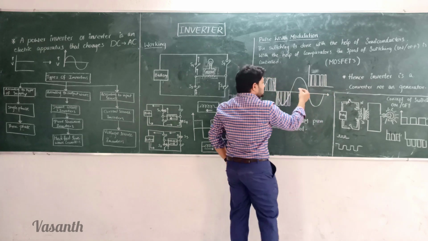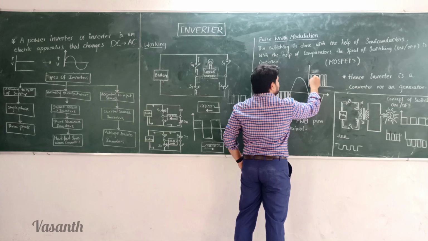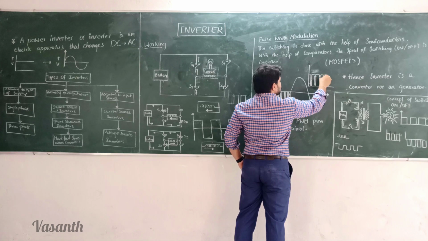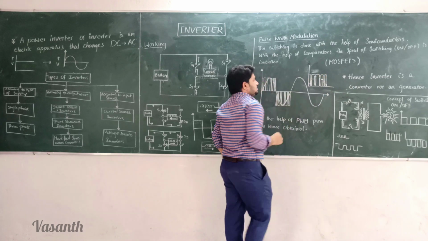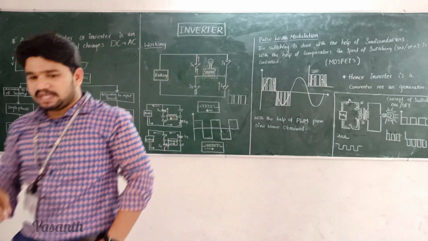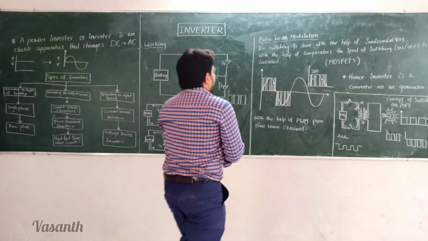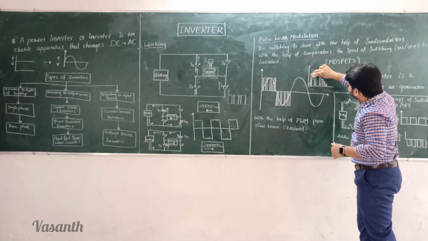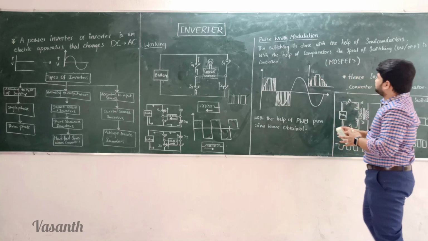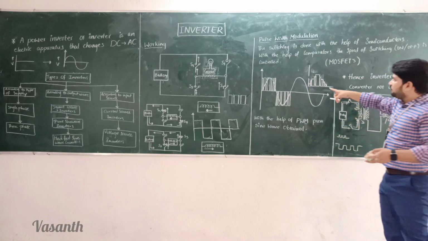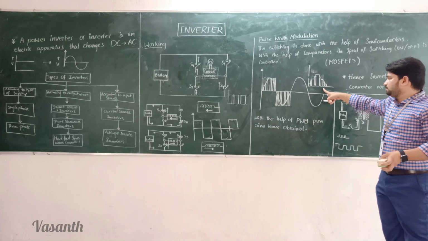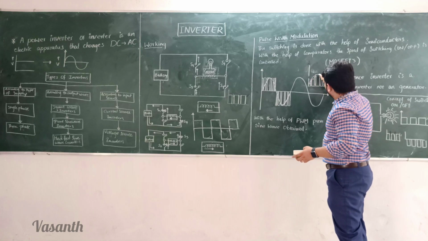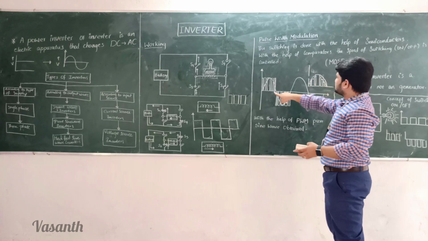If you consider the average for this, it will be like this. So what I am doing here is taking the average value. This will result like this. It is the modified sine wave. So from this we can consider the perfect sine wave, which results.